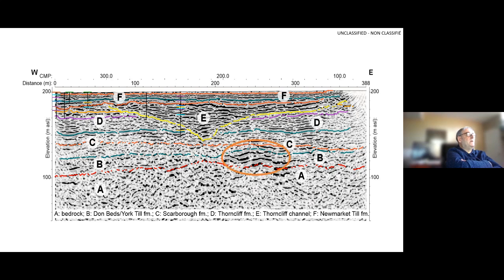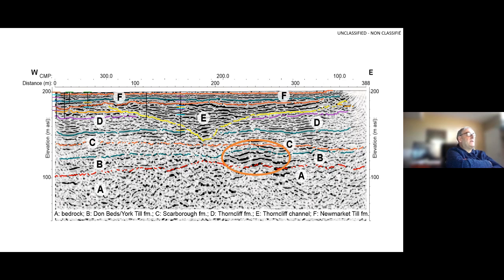So here is the interpreted section. First, maybe a potential for A-test, similar to what we see at Tennis Canada, this high amplitude reflection, maybe a gravel lens there.